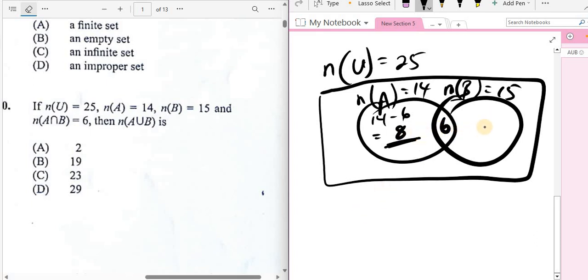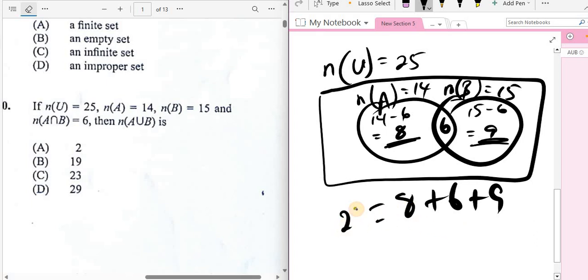What amount should be over here in B only? 15 minus 6 will be what? 9, isn't it? And check it out: 8 plus 6 plus 9 is what? 25, isn't it? 9 plus 6 is what? 15? And 15 plus? What am I saying here? Something is wrong.